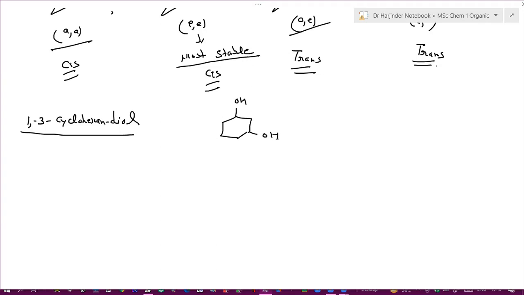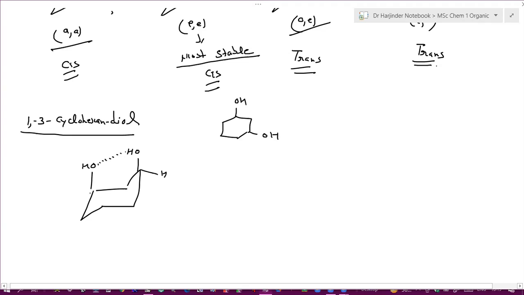In this case, there will be a hydrogen bonding, and that hydrogen bonding will be possible only when both hydroxyl groups are present at axial position on the same side, like this one. So there will be a hydrogen bonding between them.